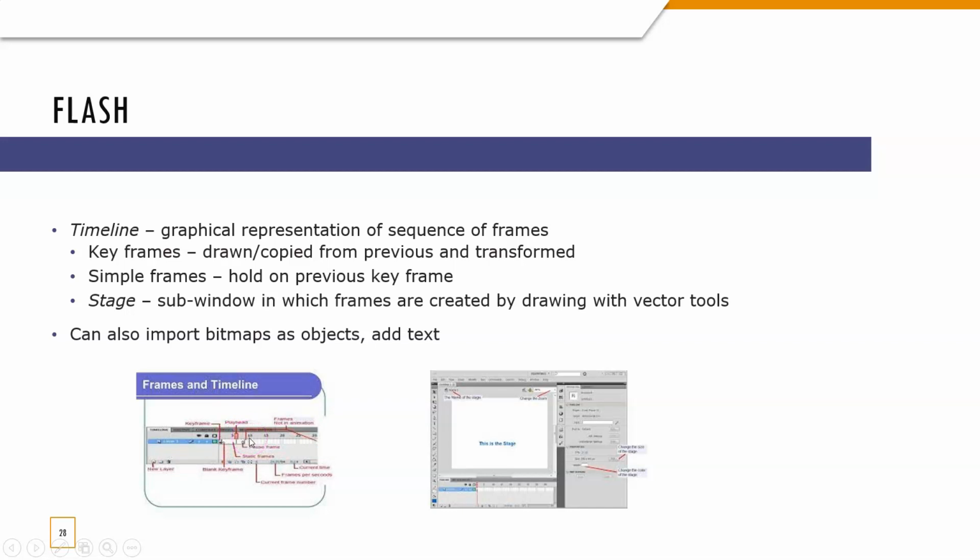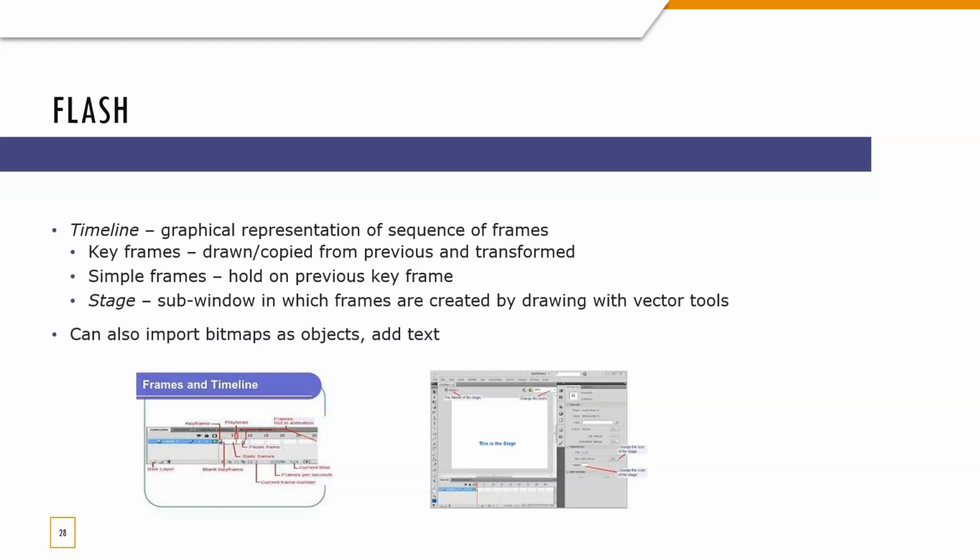That is the time for each frame. The timeline is the graphical representation of a sequence of frames. Each bar there represents one frame, and in each frame you need to have the animation or drawing of the movement.